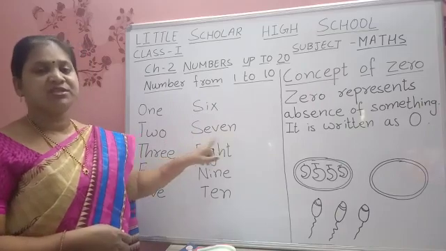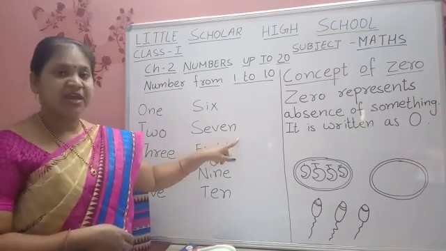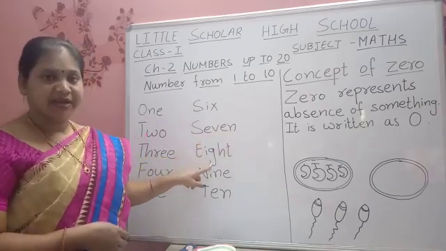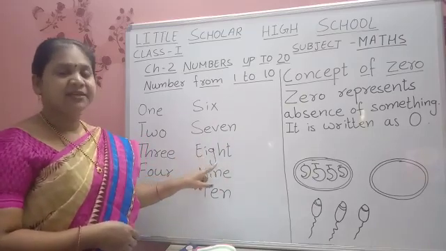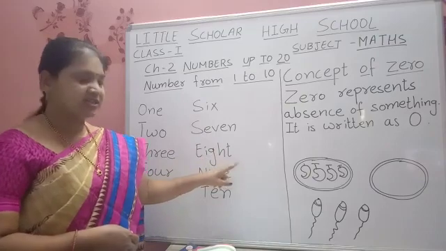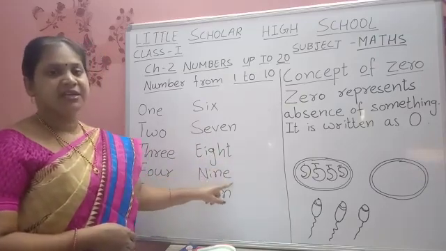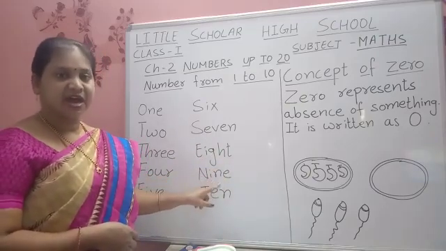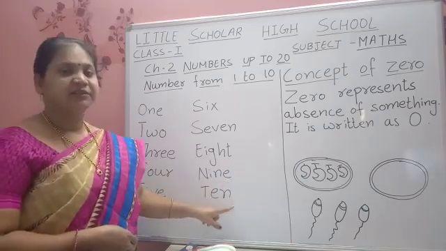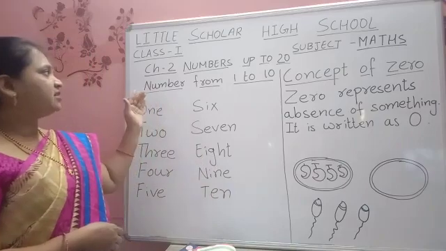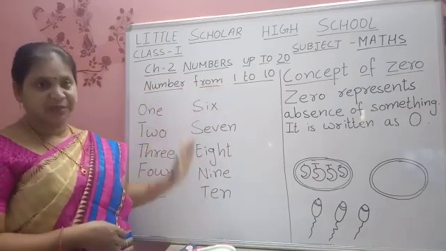S-E-V-E-N, 7. E-I-G-H-T, 8. N-I-N-E, 9. T-E-N, 10. So you will write these numbers 1 to 10 on one paper.